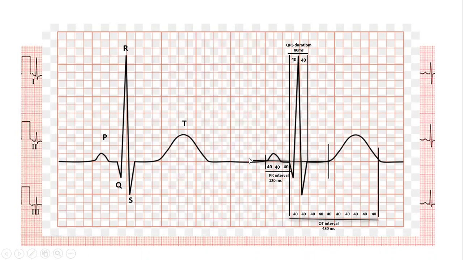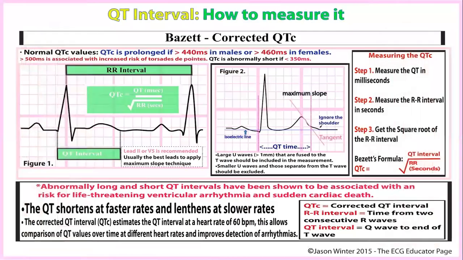Now, when it comes to the QT interval, there's a concept of corrected QT interval, or your QTc. The way you calculate it is you look at your RR interval, so from your R wave to the next, and you count up the blocks that are in between.